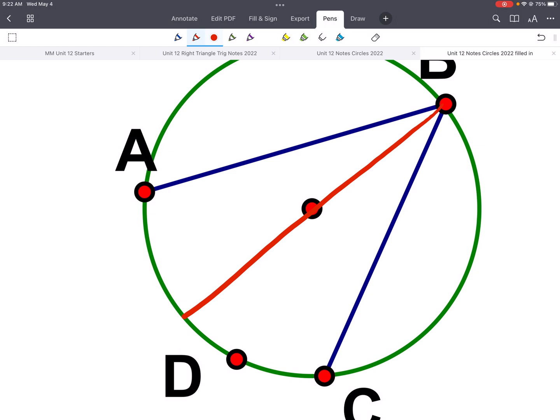We could also add another radius here, and that gives us a triangle. And we know that the radius for both of these are the same. So what type of triangle is that? Well, that's an isosceles.